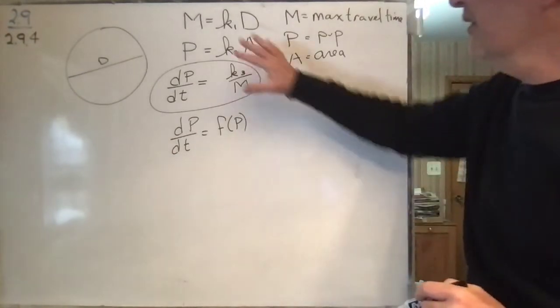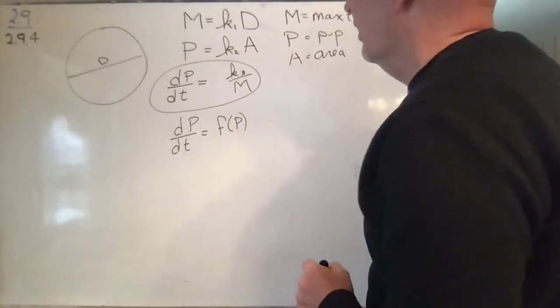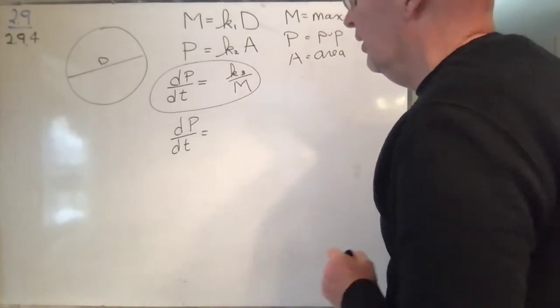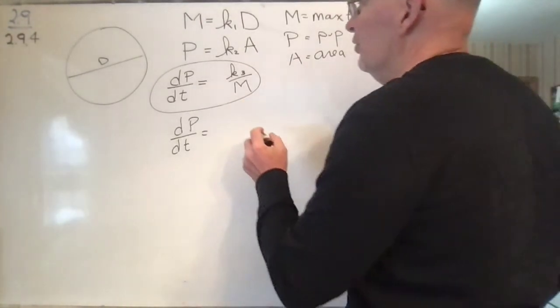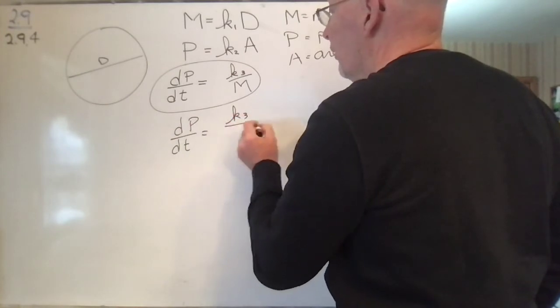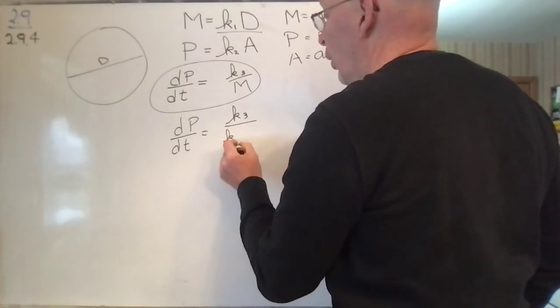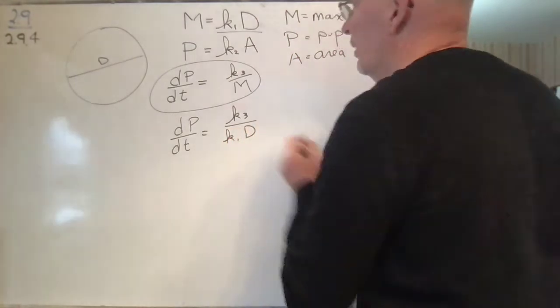None of these other things, just of p. So how can we do it? Again, I don't want to do the whole thing for you, but you've got dp/dt is k3 over m, and m is equal to k1 over d, right?